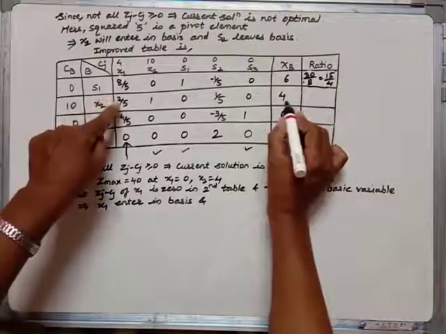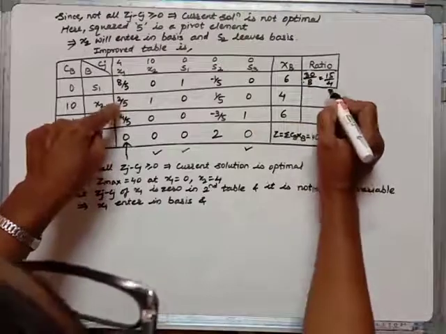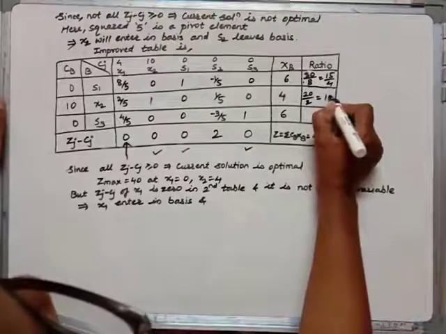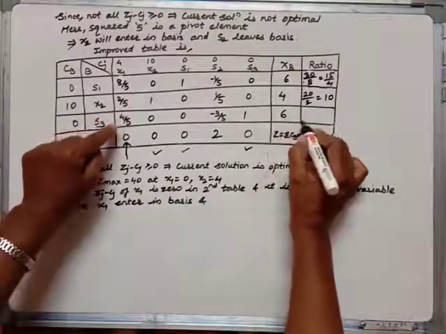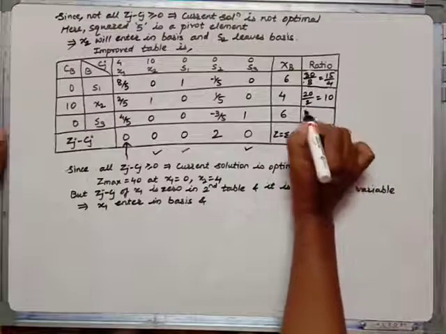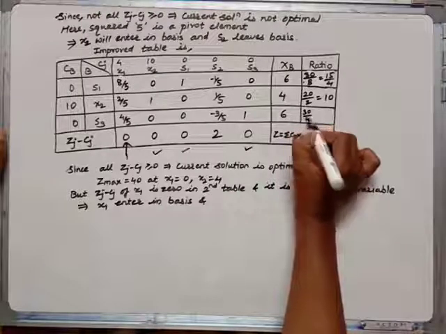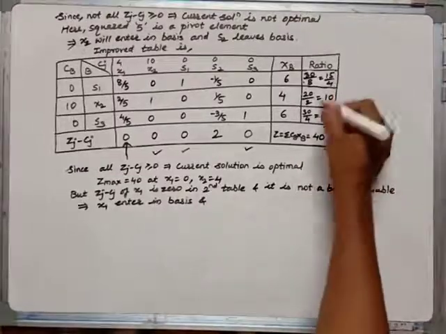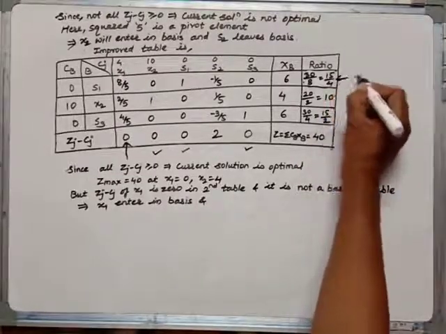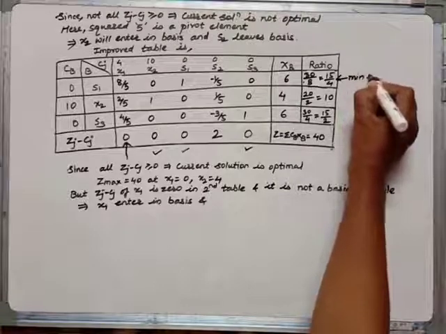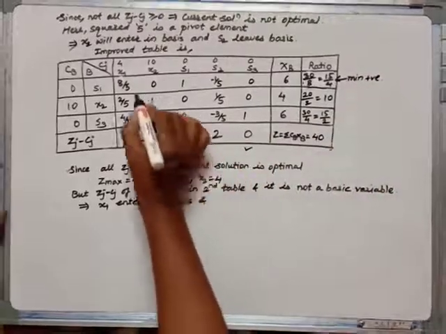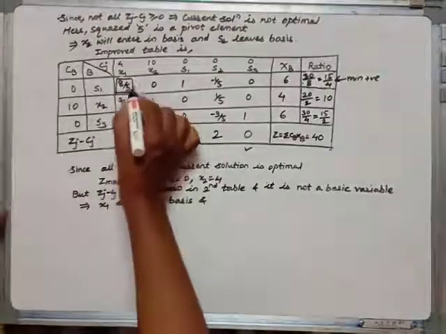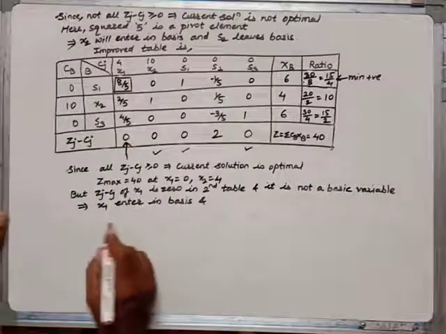Now 4 divided by 2 by 5, so it is 20 by 2, so it is 10. 6 divided by 4 by 5, so it is 30 by 4, so 15 upon 2. Okay. Now among these all, this is minimum positive. So this is the intersection point, so it is the pivot element.